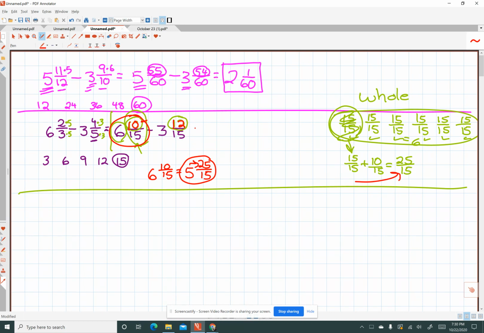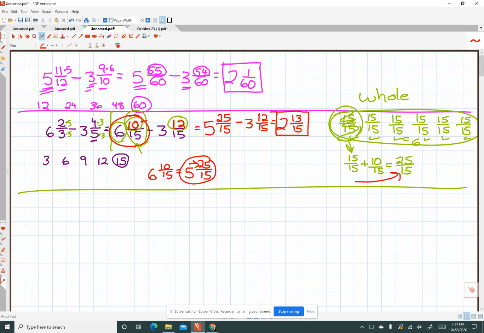So we'll rewrite this entire problem as 5 and 25/15 minus 3 and 12/15. And that will equal 5 minus 3 is 2, and 25 minus 12 is 13. 13, and keep our same denominator of 15ths. So that was one of the more complicated ones.